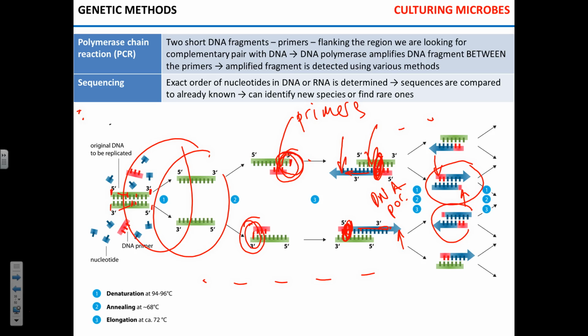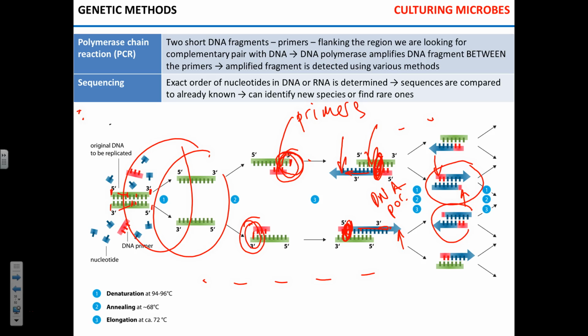After 20, 1,048,576. Pretty much with every 10 cycles, you increase the number of molecules of DNA 1,000 times. So if you start with one unique fragment, after say 40 cycles, you're going to have a trillion copies of that fragment.